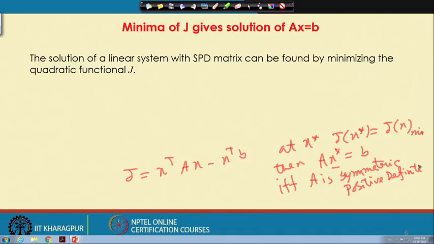This particular methodology we are only discussing for symmetric positive definite.